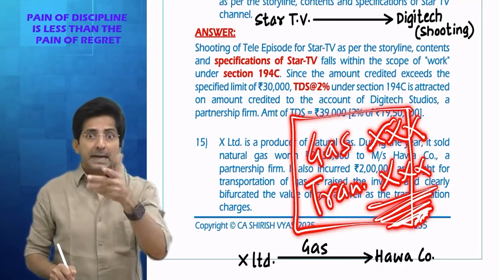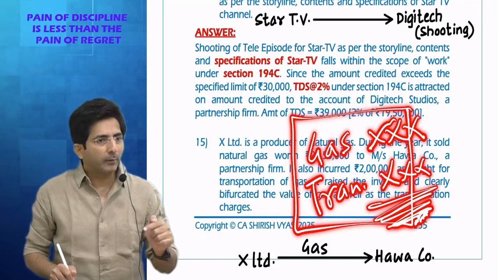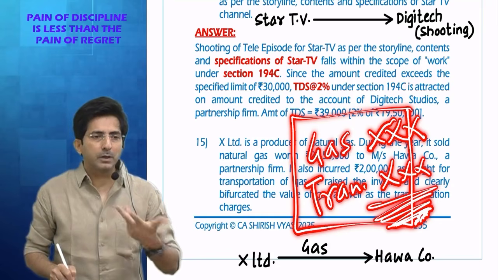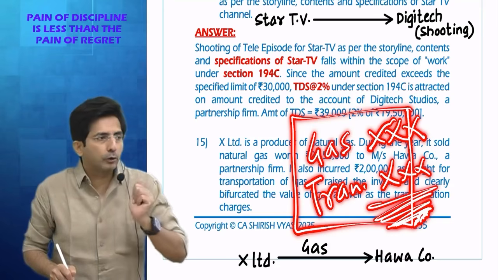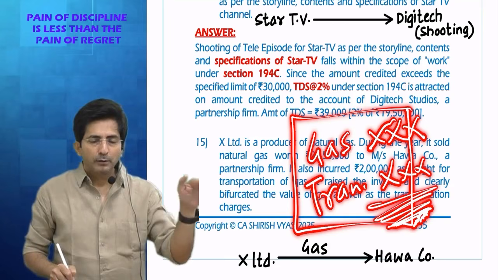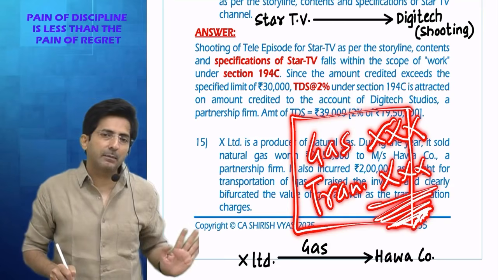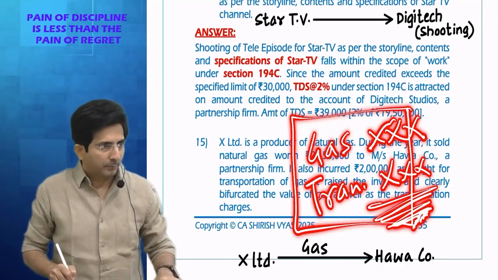And sale of goods, at the most, can come in 194Q. Remember 194Q? Purchase of goods. See, sale of goods and purchase of goods are one and the same. It depends upon from whose point of view you are talking. So since primarily it is a transaction of goods purchase, at the most TDS can come under 194Q.